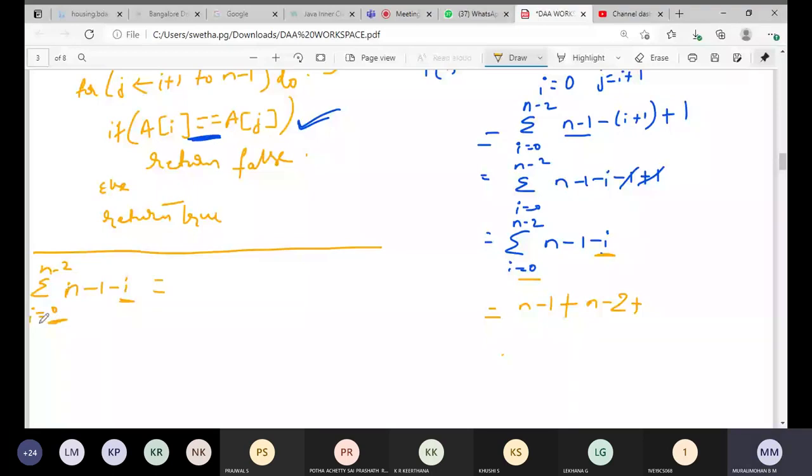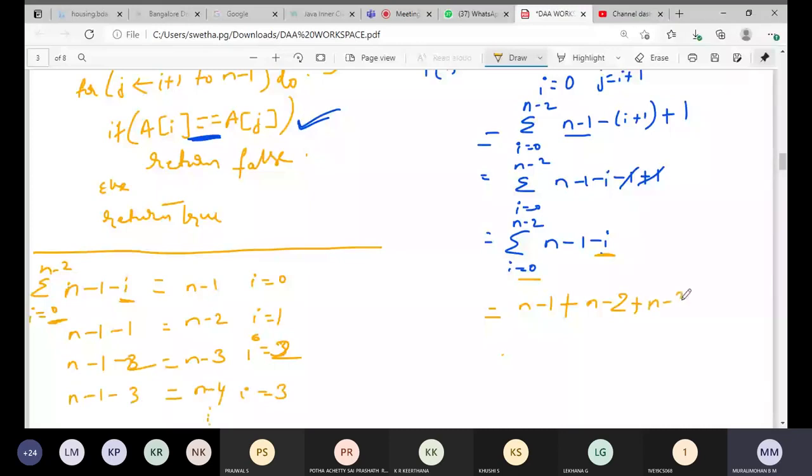Next, when I is equal to 1, n minus 1 minus 1 is n minus 2. When I is equal to 2, n minus 1 minus 2 gives n minus 3. When I is equal to 3, n minus 1 minus 3 equals n minus 4, and so on. That is what we are getting here.